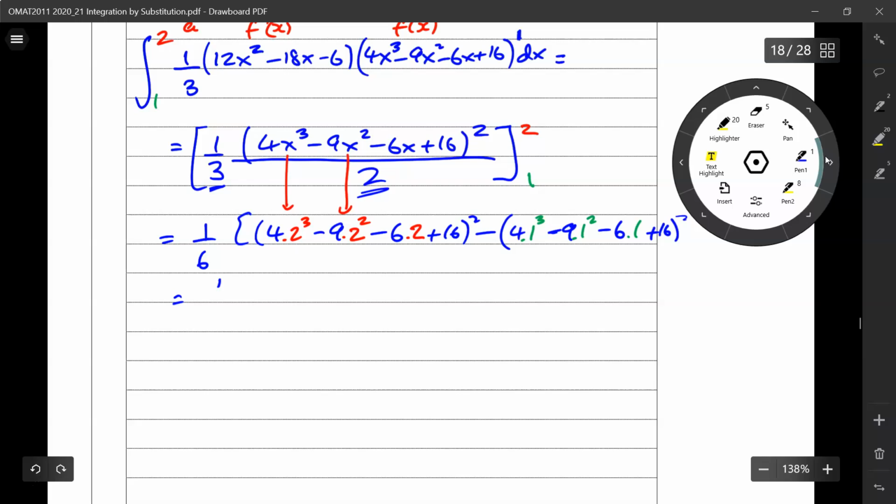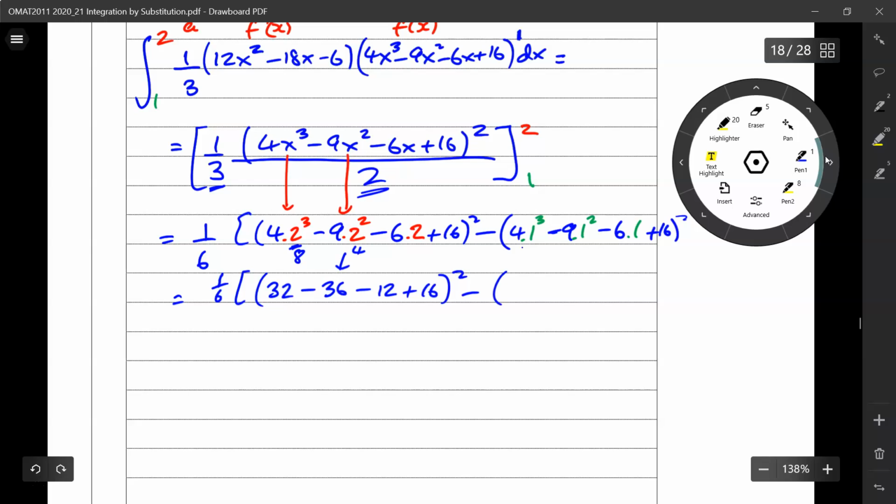So it's equal to 1/6. Okay, 2 cubed is equal to 8, so 4 times 8 is 32. 2 squared is 4, so 9 fours are 36. Minus 12 plus 16. And all of that has to be worked out and then squared.